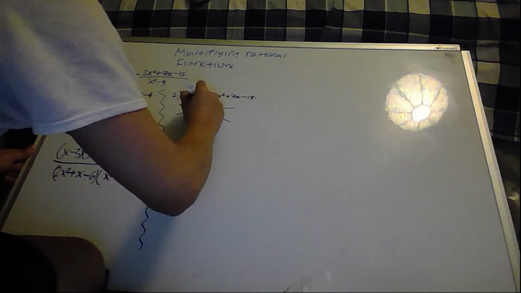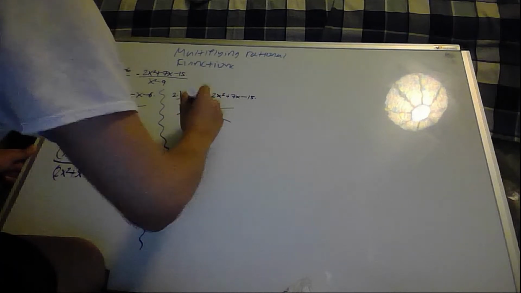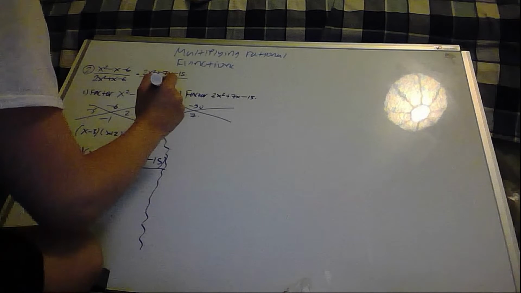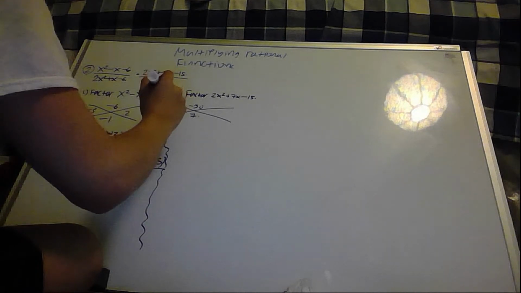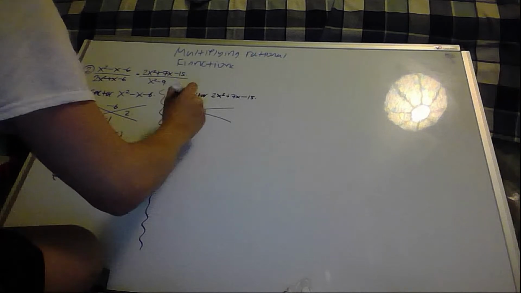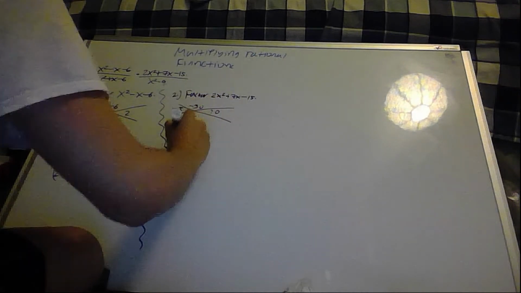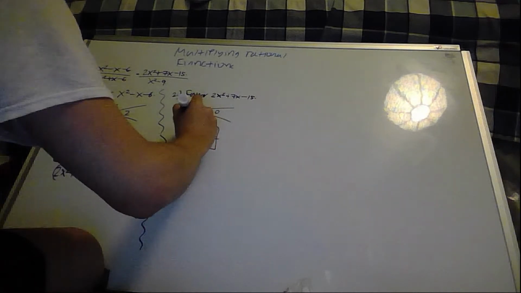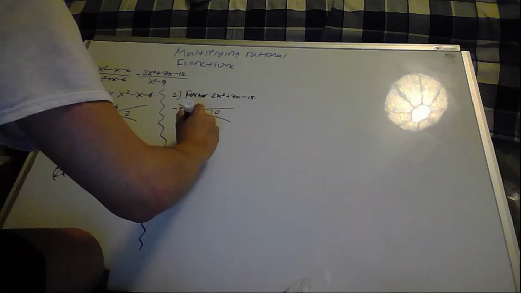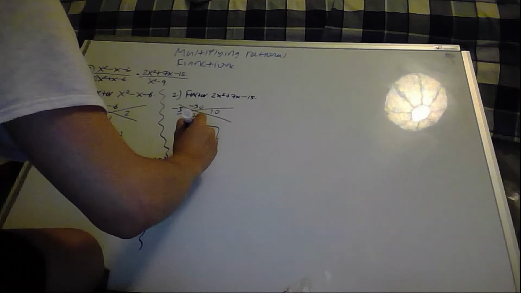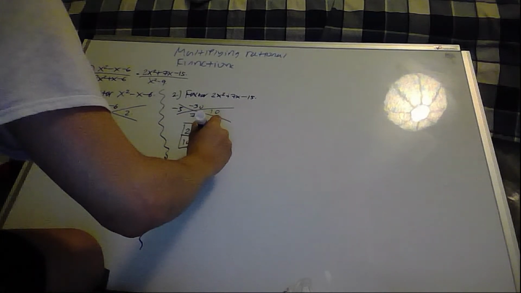So we have negative 30 and 7, then negative 3 and 10. And we're going to draw our box. We're going to put 2x squared right here, negative 3x, 10x, and negative 15.